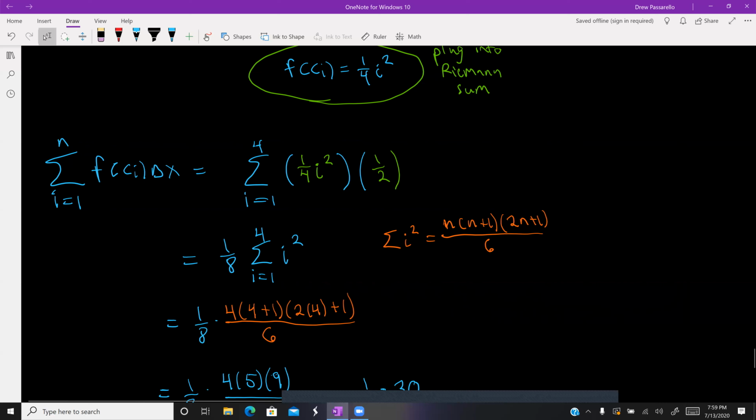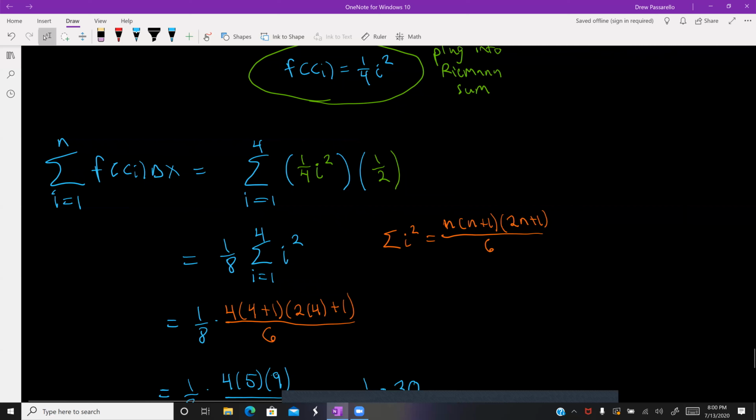So n is 4, so that's what I put in for n. The first thing I do is, what is 1/4 times a half? That's 1 over 8. So I have the sum of 1 over 8 times i squared, and you can pull a constant in front of the summation. So I factor out the 1 over 8 in front of the summation, focusing on the i squared part.